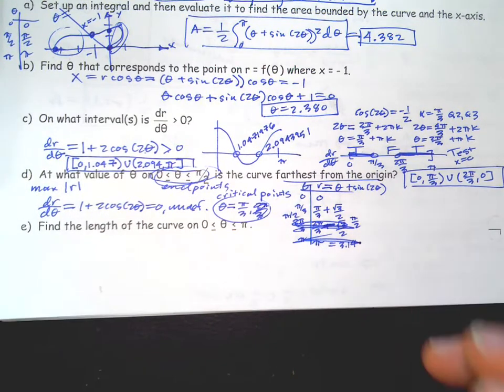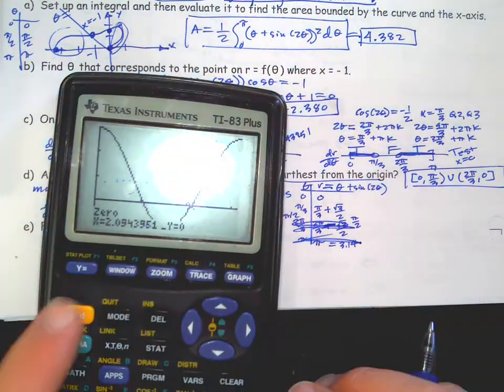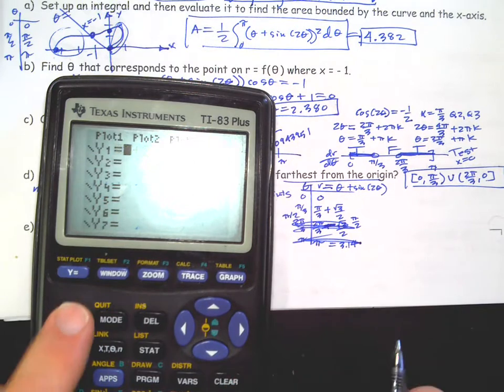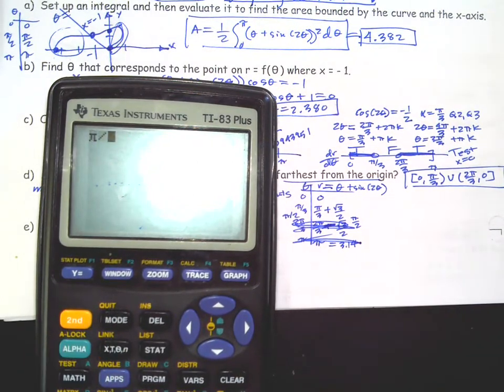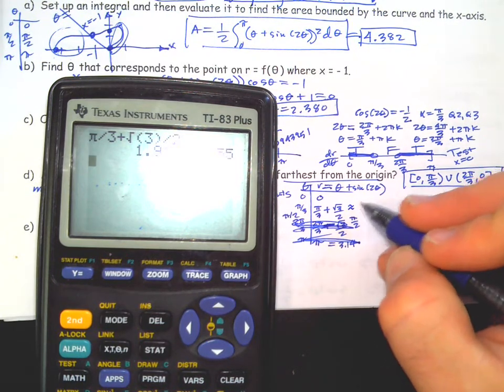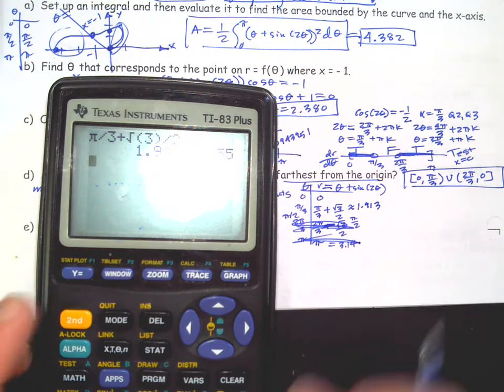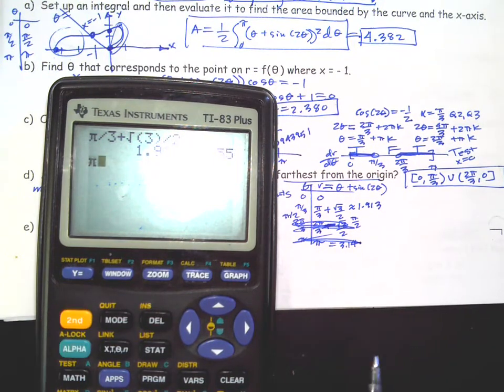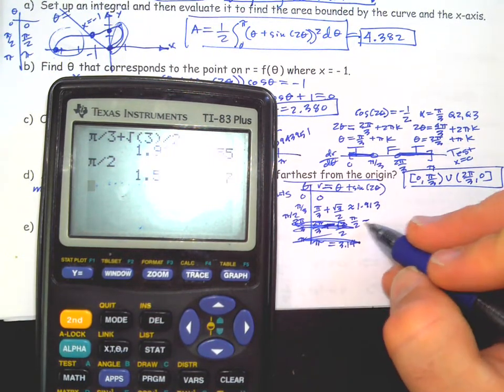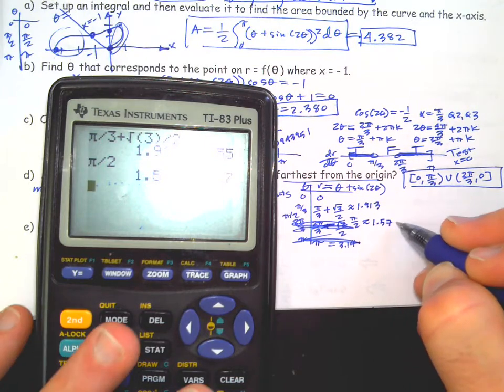Now, on your calculator, you could figure out what these decimals are real quick. Pi over 3 plus root 3 over 2, that's about 1.913. And then we could do pi over 2, and that's about 1.570.